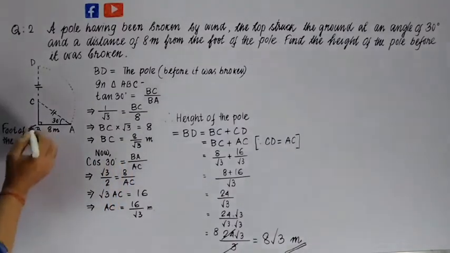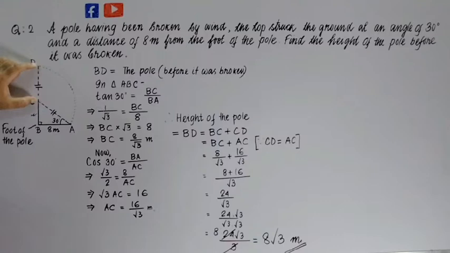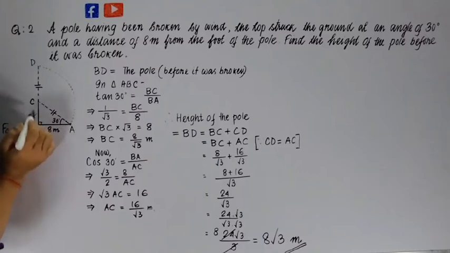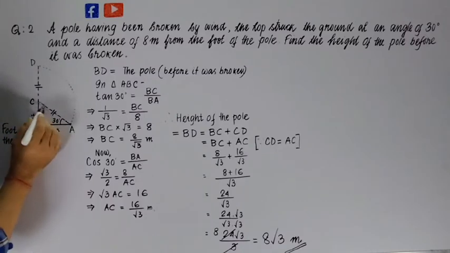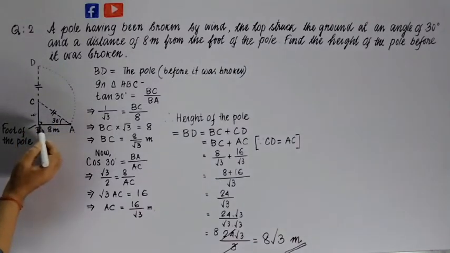So you have got BC. Now you need to find out AC, because you need to find out this length. Okay, and if you add this length with this length, you will get total height of the pole. So how to find out this? Look, in this triangle, this is the hypotenuse, because this side is just the opposite of right angle. So this is hypotenuse, and base is given to you.